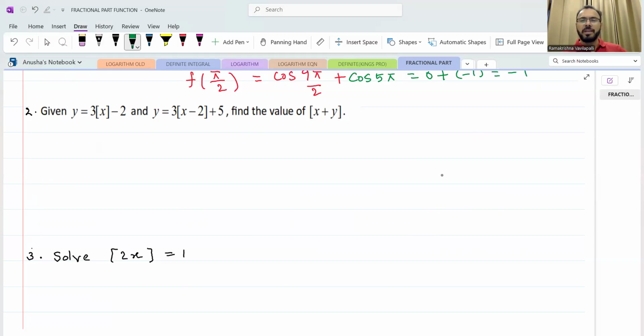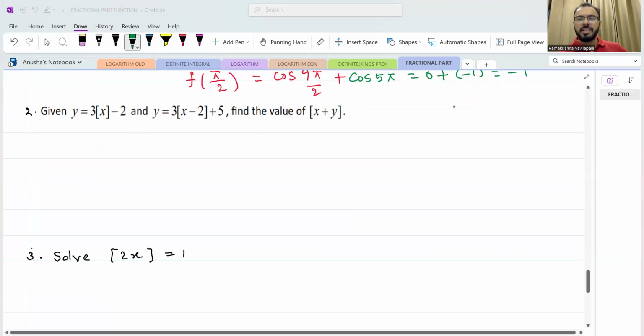So what are the basics that we require to solve this question? The basic point is that integral part of x equals n if x lies between n and n plus 1. The output of integral part of x is always an integer, n is an integer.